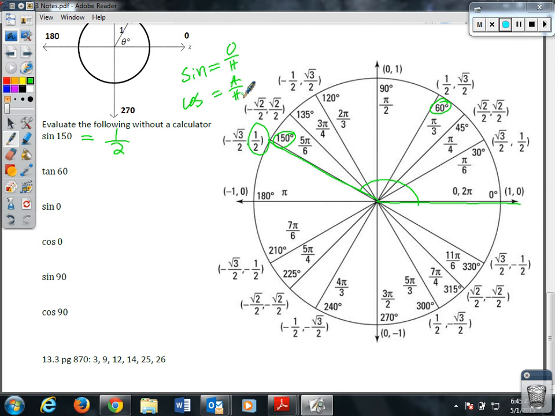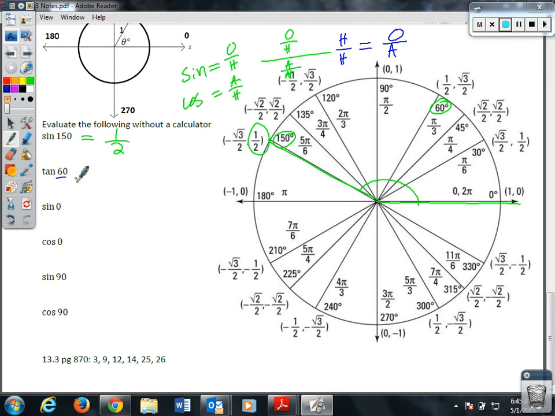So if we take sine divided by cosine, that's going to be opposite over hypotenuse divided by adjacent over hypotenuse. And you guys learned how to take care of complex fractions like this. One thing we can do is multiply by h over h, hypotenuse over hypotenuse, and that will leave us with opposite over adjacent. So actually the tangent is really the same thing as the sine divided by the cosine.